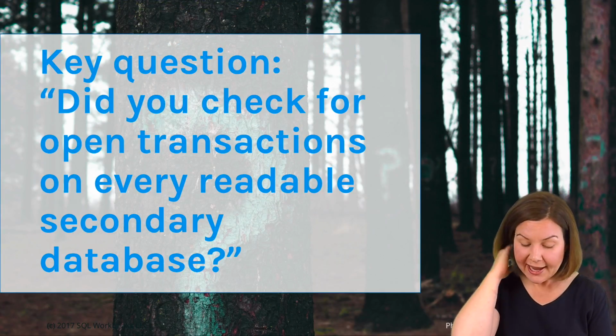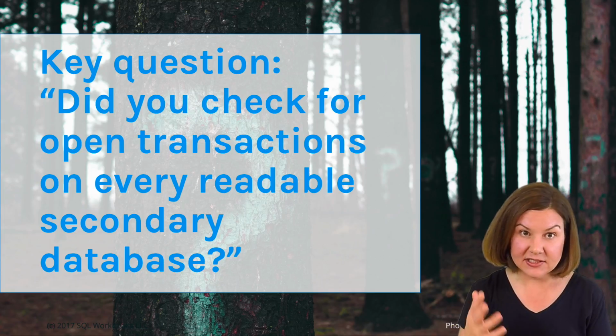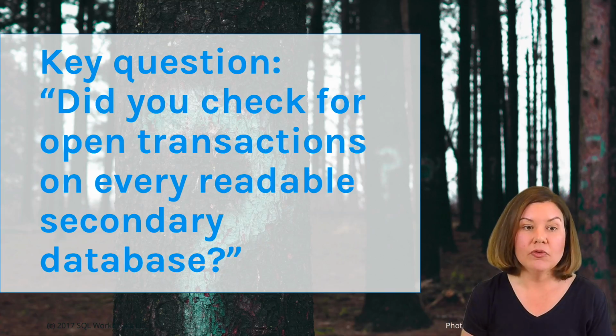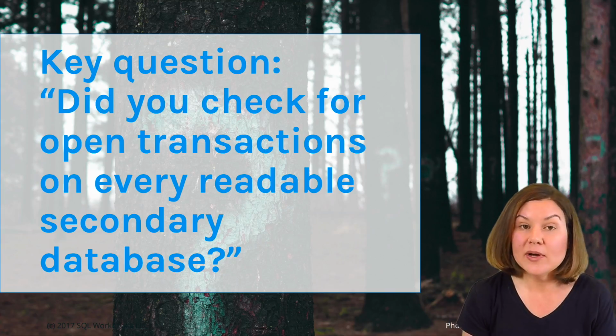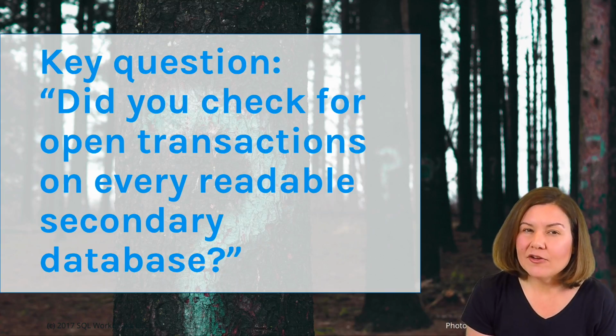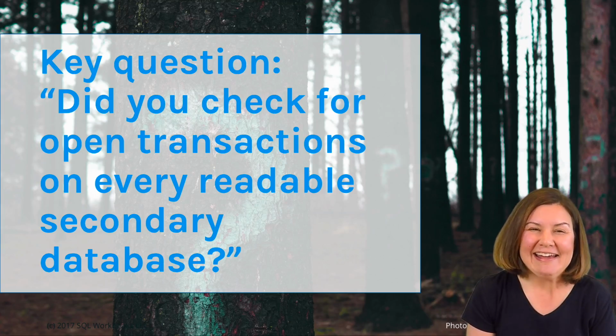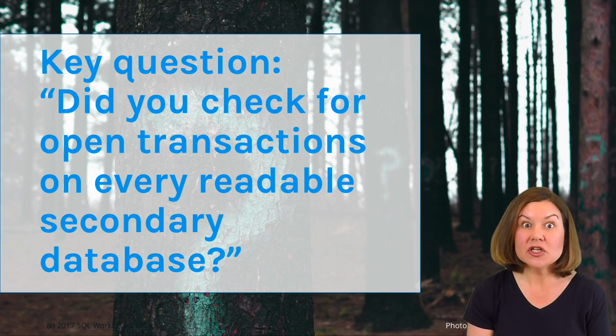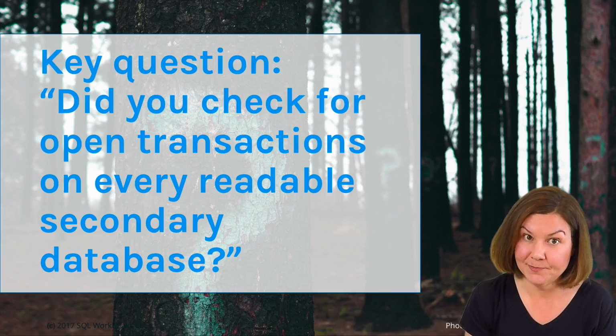So I had a couple of questions that I asked. The question that I asked first turned out to be the most helpful question. And the question was, did you check for open transactions on every readable secondary database? Or did you just look at the open transactions on the primary?